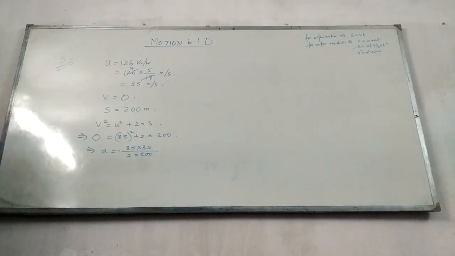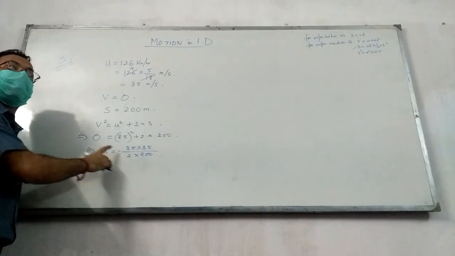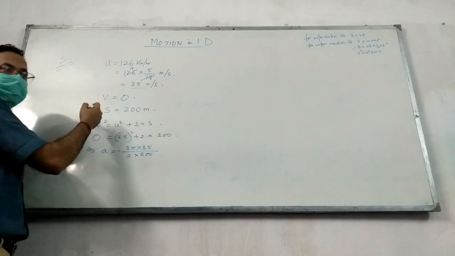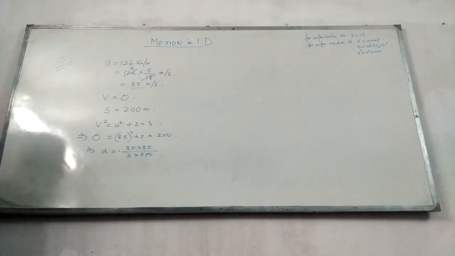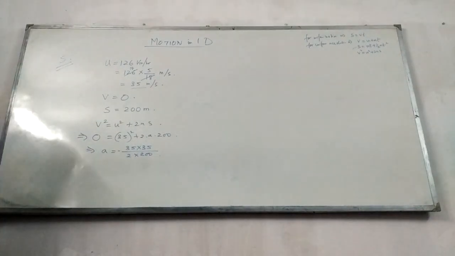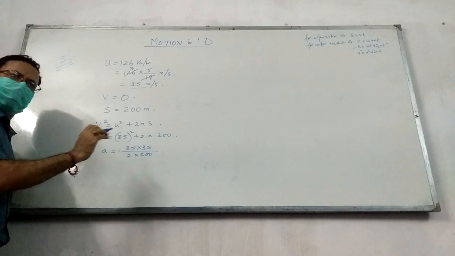Alright? Acceleration, ready everyone? Obviously it will come out to be minus, which means it's a retardation. You understand why retardation? Because initial velocity was 35 meter per second, final velocity is 0. That means the car is coming to rest. That's why retardation. So a is coming out to be this; you can cancel and get the answer.